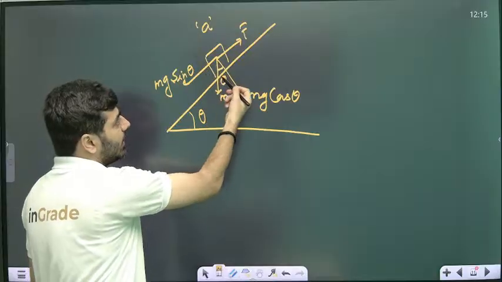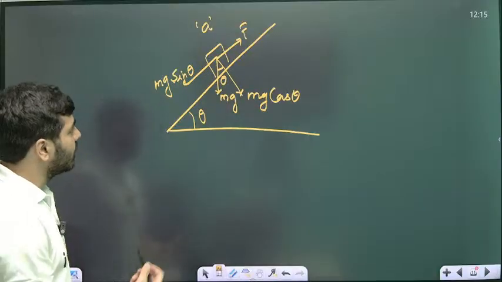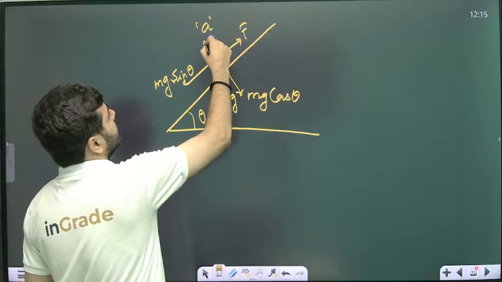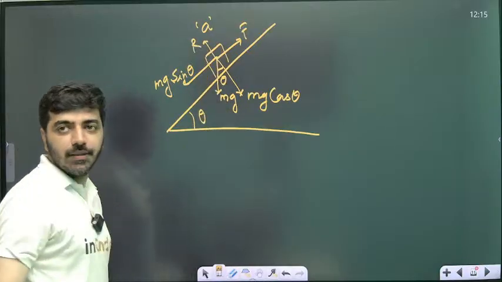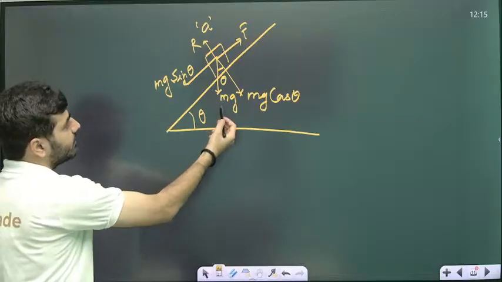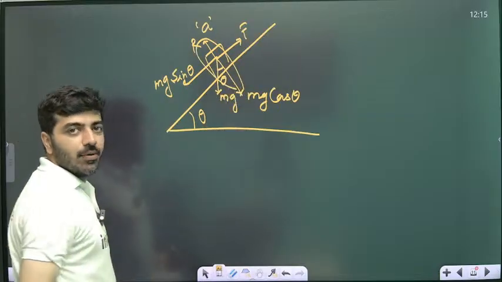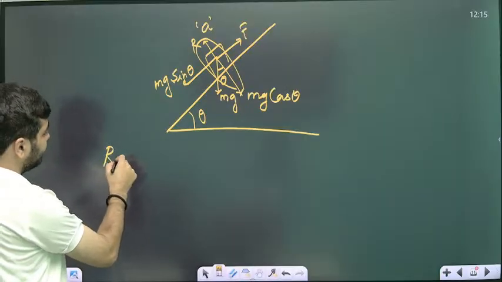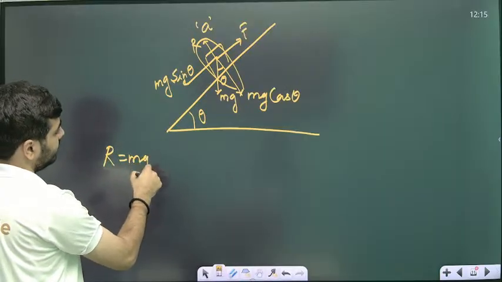This is the mass m and this is the surface. Because of that surface, there will be a reaction force. Let's say R will be the reaction force. Then first we have to take the vertical component. All forces are balanced in this direction, then R will be simply mg cos theta.